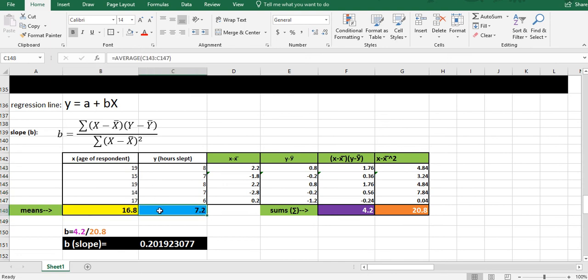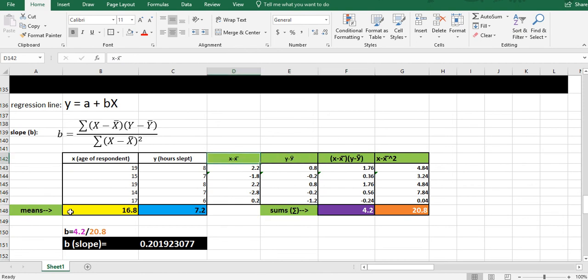Now that I have these means, I want to subtract them from each x value and each y value. Everything that you're going to need for this and to find the intercept a, I put in green, also so that I could follow along.